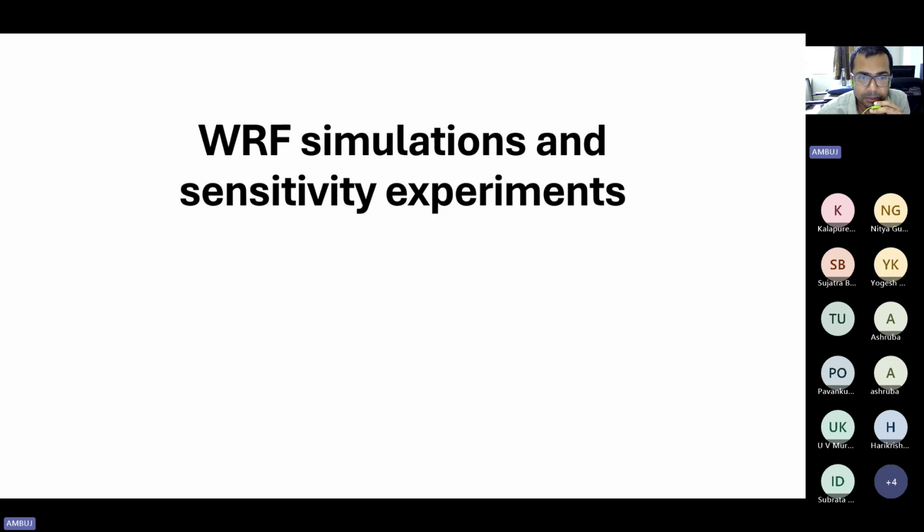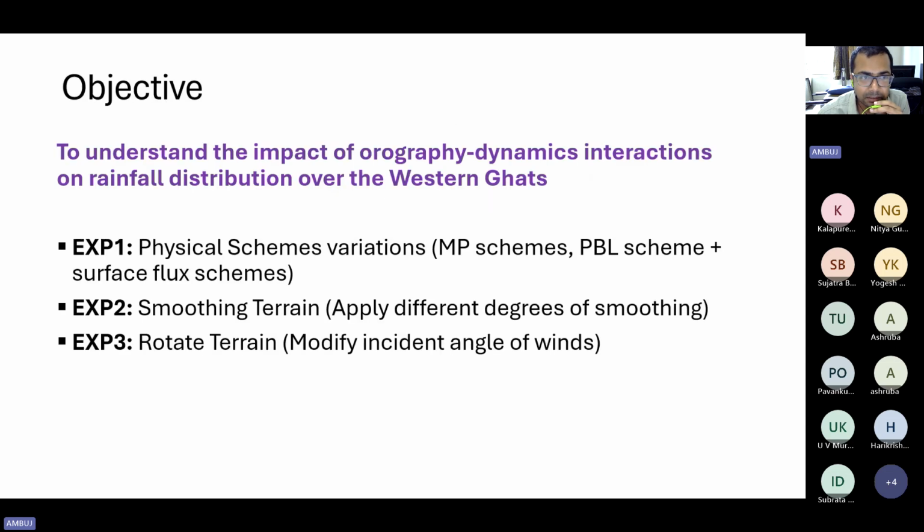Now coming to WRF simulations and sensitivity experiments. Our objective is to understand whether the slope and the angle are really contributing to the observed rainfall distribution. So we carried out 3 experiments.